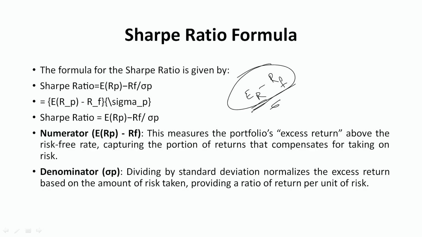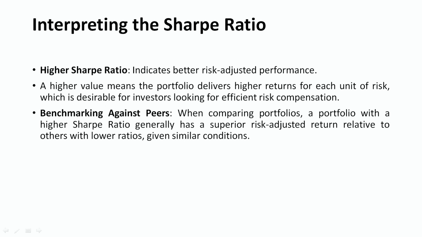So, this is how Sharpe ratio is calculated. So, numerator talks about the expected return minus the risk free rate of return, and denominator talks about the standard deviation, and overall it talks about normalizing the excess return based on the risk taken into consideration. And the interpretation, as I told you in the earlier slide, it is very simple.